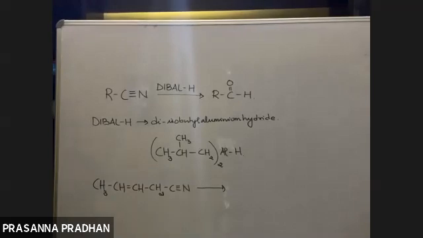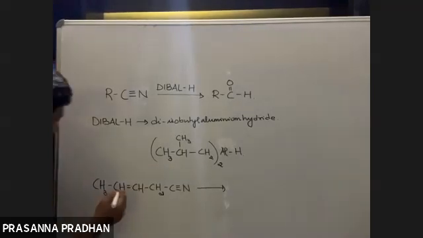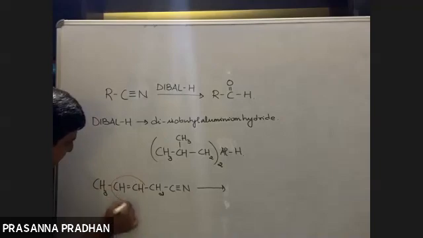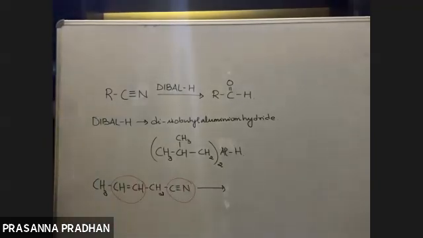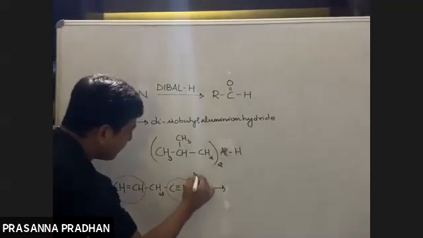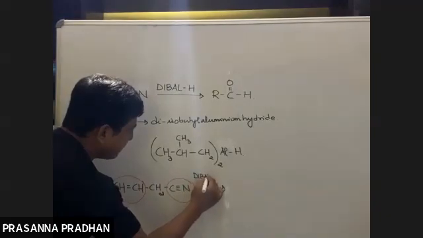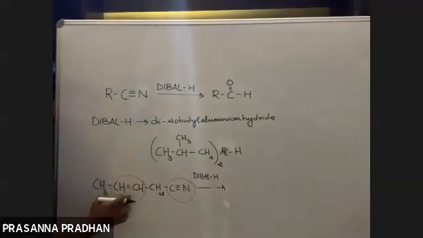The problem is there is a double bond out here and a triple bond out here. And we know that for addition, hydrogen can be added out here or added out here. It's a non-selective reducing agent. But if I use this diisobutyl aluminium hydride, it will not reduce the carbon-carbon double bond.